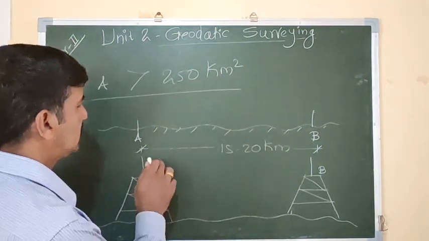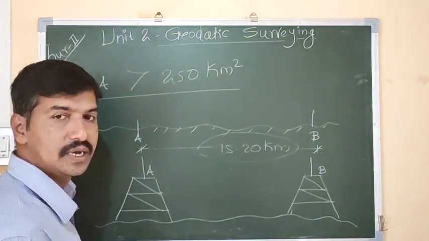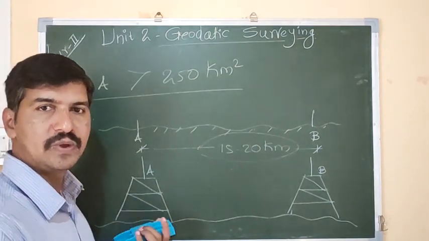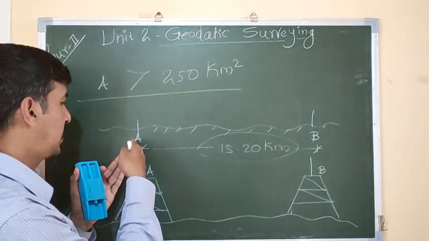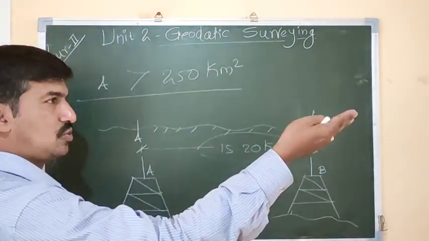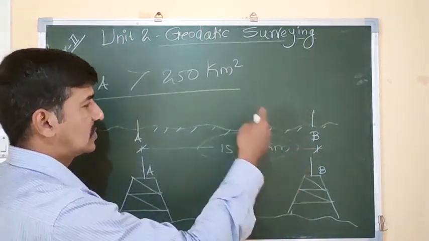Now in this case, as I wanted to know whether it is 15 kilometer or 20 kilometer, I would not be able to measure the distance, because when I stand at point A, I should not be able to see point B, because there are some trees, there are some obstructions.